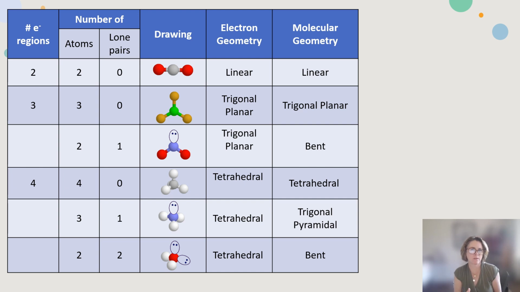We're going to focus on this particular chart, and we're going to step through exactly how to go about using this chart. This chart is in your guided practice, and you are also going to be using this in lab. I think the best way to go through this is to go through some examples, and so I'll be stepping you through an example of each type of electron geometry and molecular geometry combination.